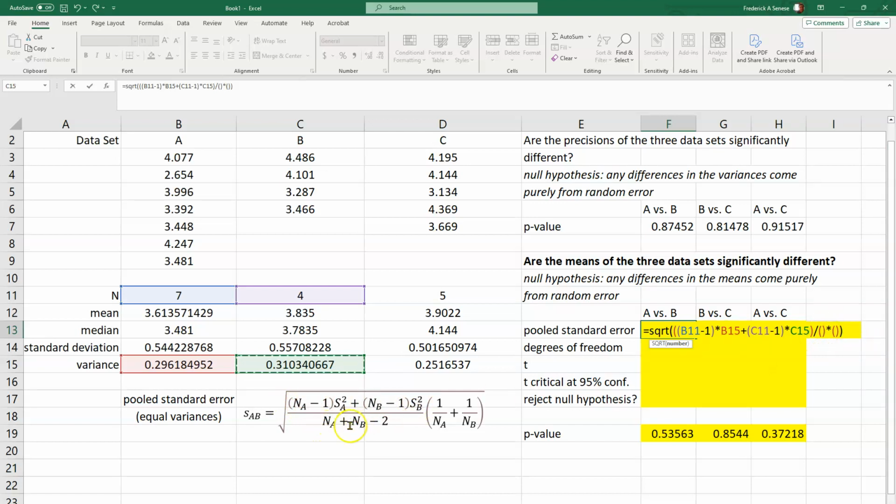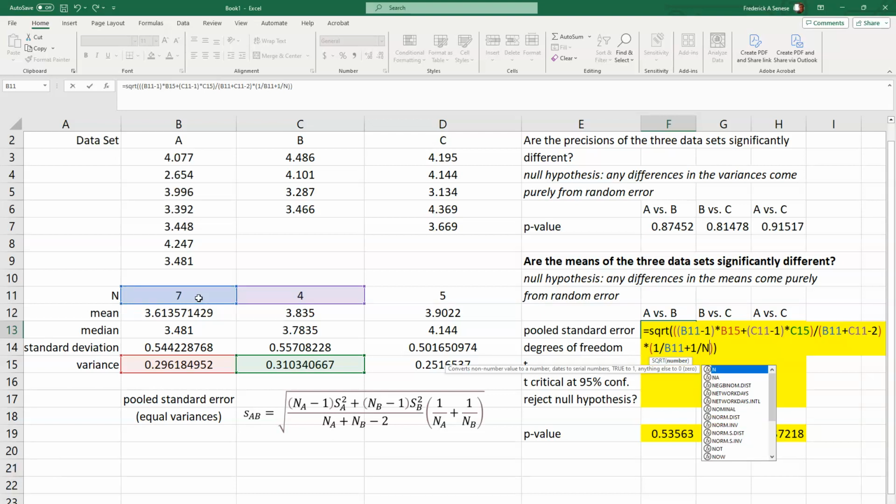Now let's do the denominator, this thing down here. It's going to be NA plus NB minus 2. And now I have this whole first fraction typed in. And now I've got this times the second fraction over here, which is 1 over NA plus 1 over NB.